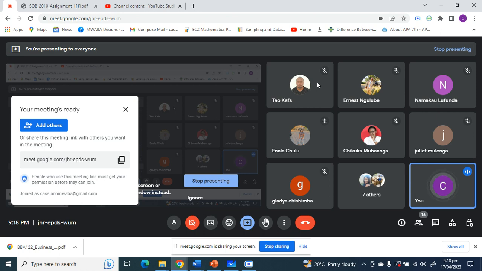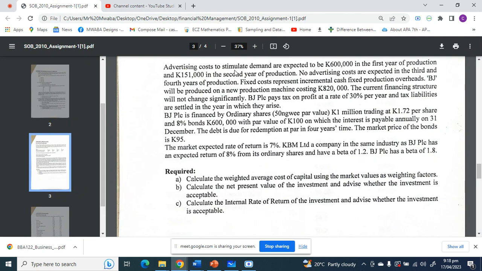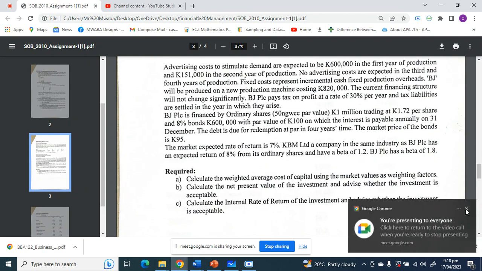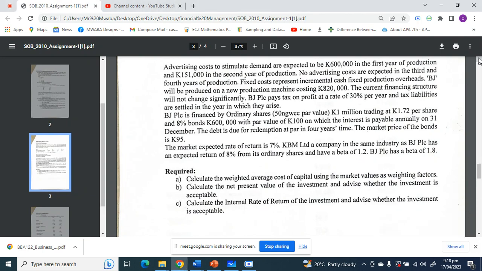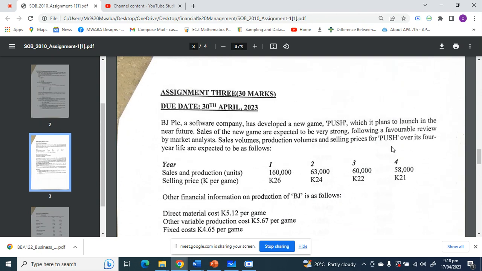Are we okay with that, colleagues? The main thing we're doing here is first forecasting our future cash flows.